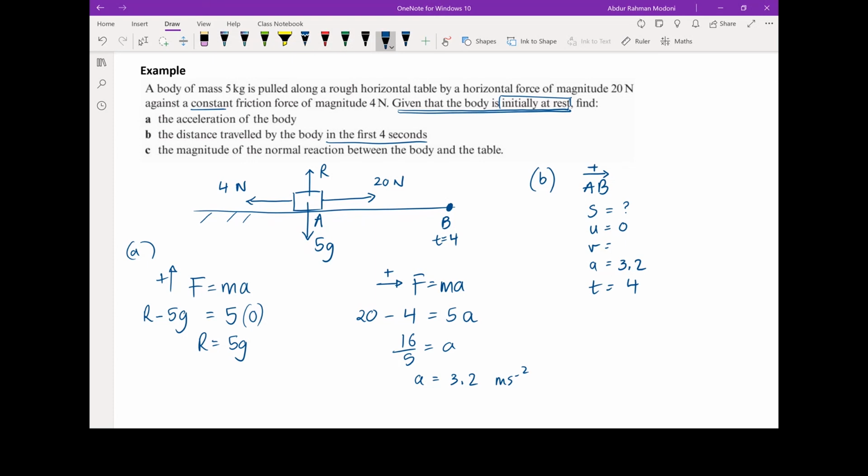So let's find an equation which relates all of them, and the equation that we've got here is s is equal to ut plus half at squared. Let's substitute the quantities that we know, so 0 times 4 plus half times the acceleration, which is 3.2, times t squared, which is 4 squared.